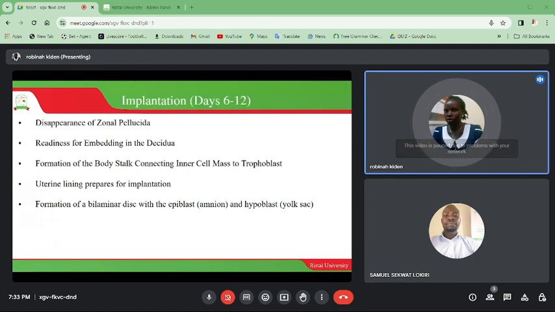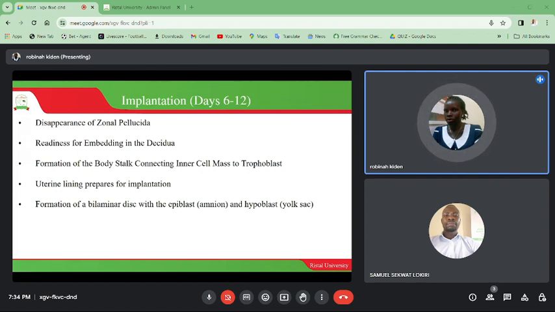So let us talk about implantation, which happens between day 6 and day 12. There is the disappearance of the zona pellucida, then readiness for embedding in the decidua. Then there is also formation of the body stalk connecting the inner cell mass and the trophoblast.